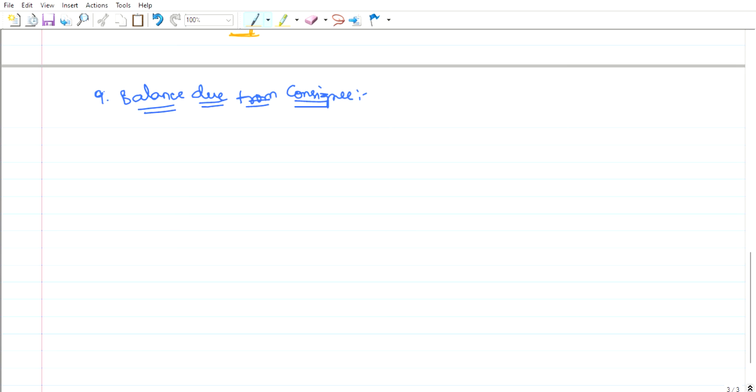For this balance due, we write the entry as cash or bank account debit to consignee account, because we have to receive the cash.